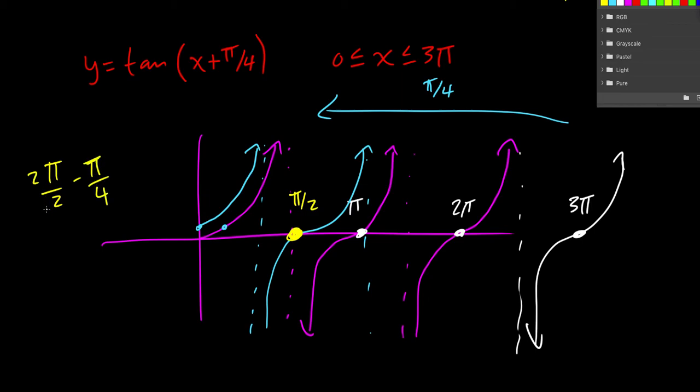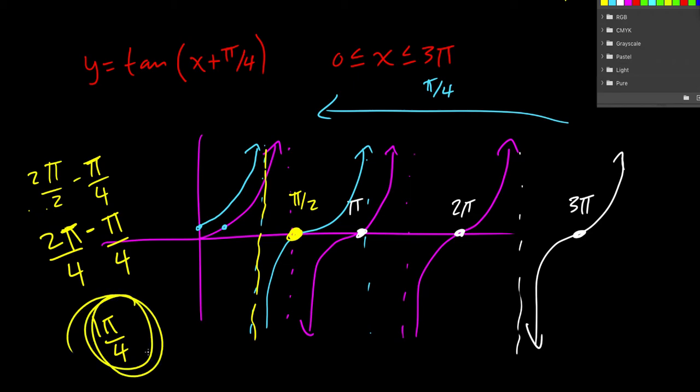That's 2 times 2, so we get 2 pi minus pi, both over 4. So 2 pi minus pi is 1 pi fourth, or just pi fourths. So this new asymptote right here is going to be at pi fourths.